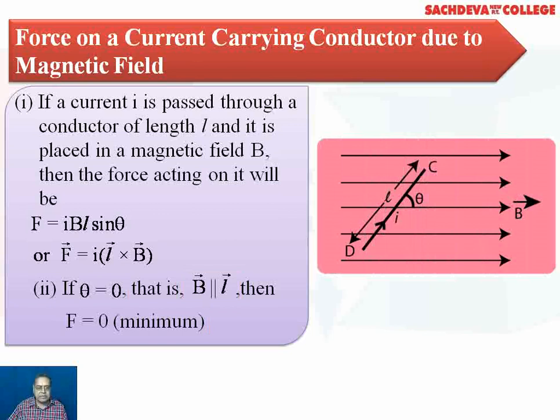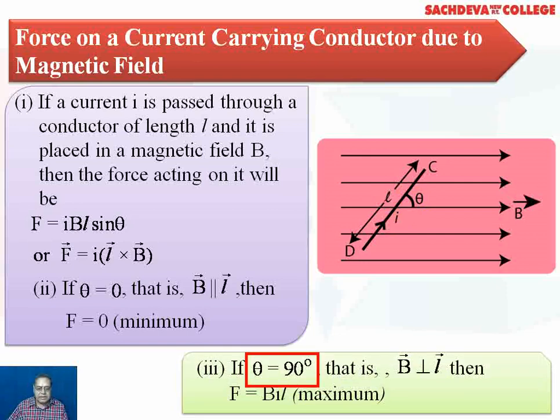This can be seen in the diagram. The length of the conductor is shown as L, the current passing is I, and angle theta is the angle made by the wire or the conductor with the direction of magnetic field.